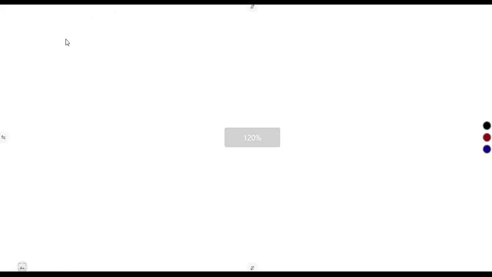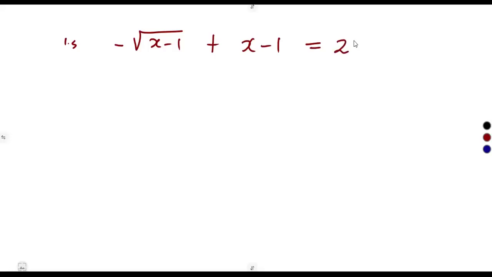So it was question 1.5, where you are given minus the square root of x minus 1, so the square root was covering this, then after it is plus x minus 1 is equal to 2. This is what you're given.